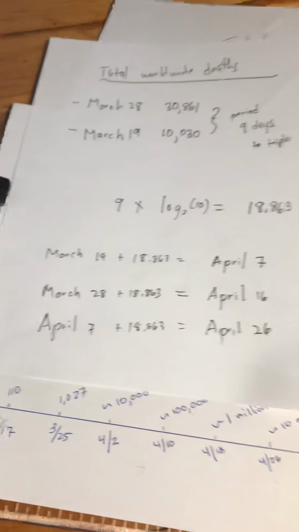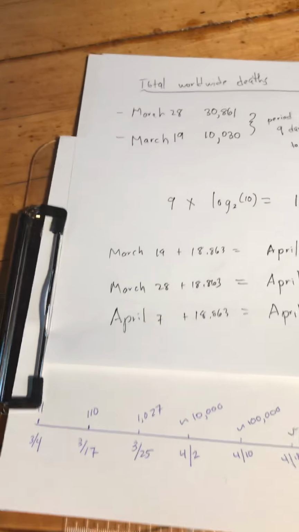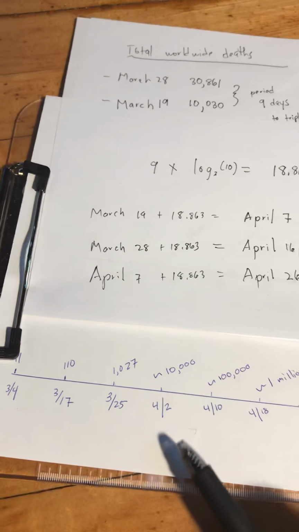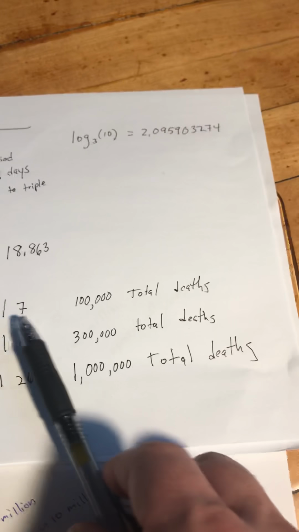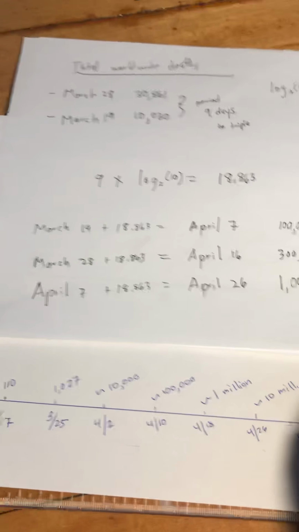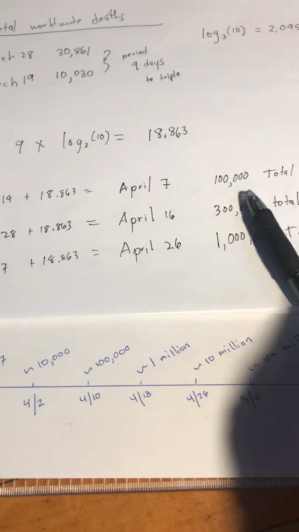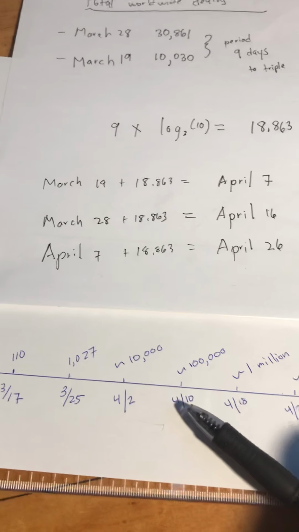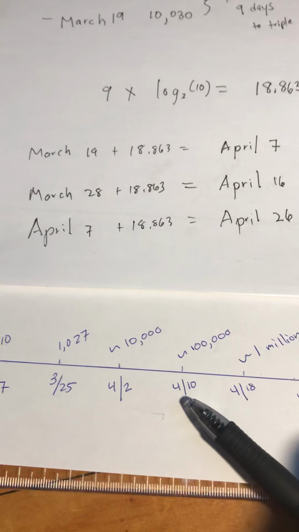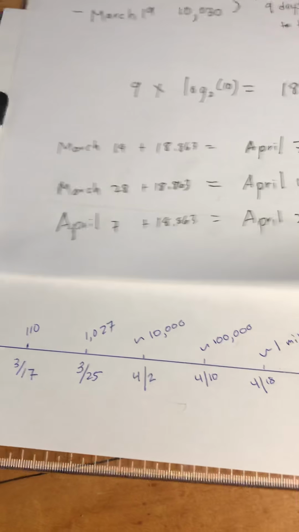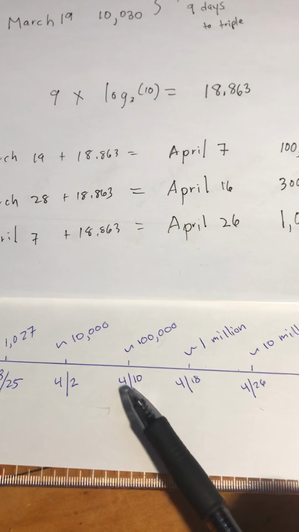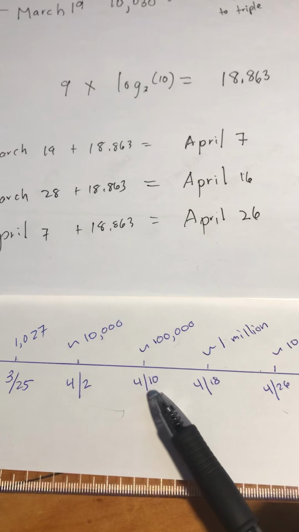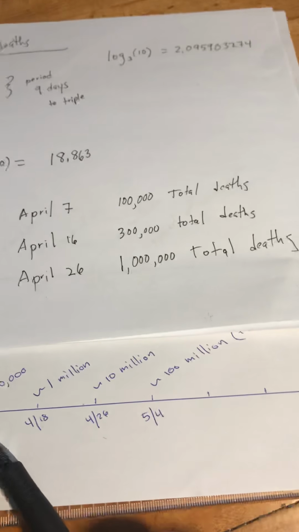So if you compare the dates, here you're looking at April 7th to 100,000. 3 days later, the United States of America has 100,000. That's pretty quick, following the entire world.